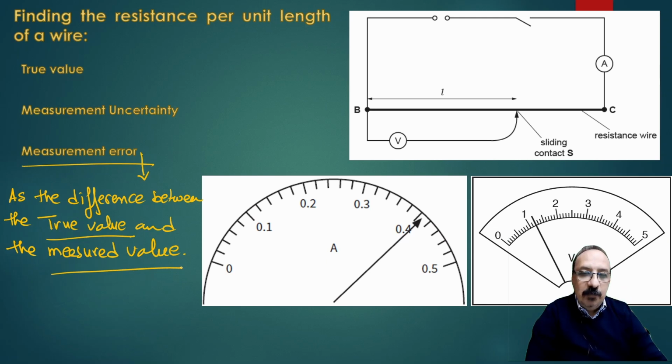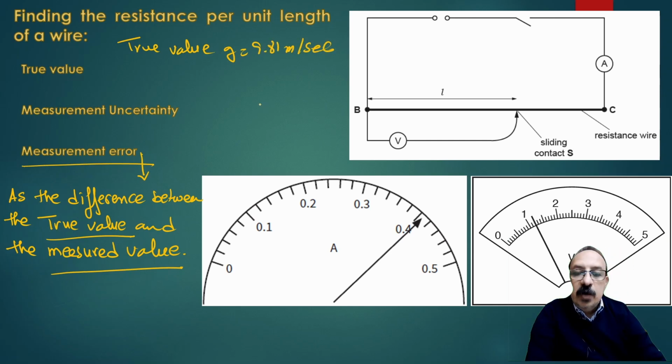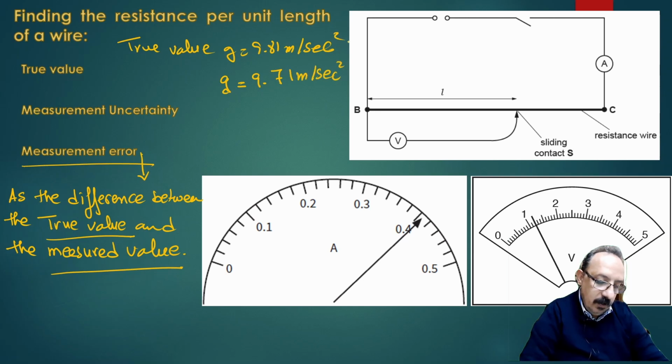A simple example, we can quote the acceleration due to gravity. True value, g is equal to 9.81 meters per second squared. We carried out the experiment ourselves and we got 9.71 meters per second squared.